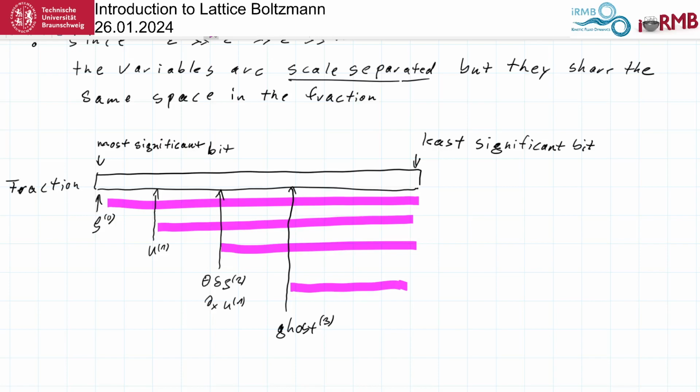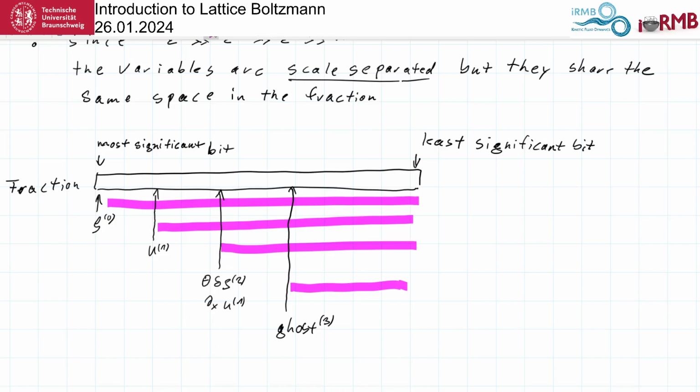But this, of course, depends on what you're using. If you use a double precision number, this range that you have available here is much larger, right? So it is larger to the right, so the least significant bit is smaller. If you use lesser precision, you move the least significant bit further to the left, and you could also use 16-bit.